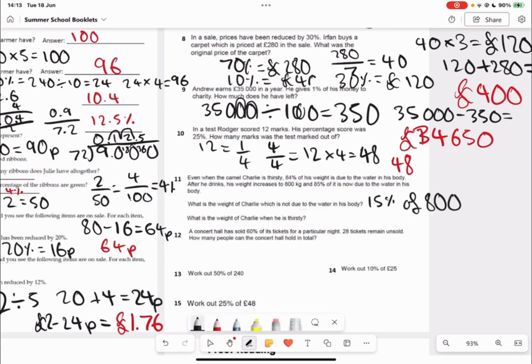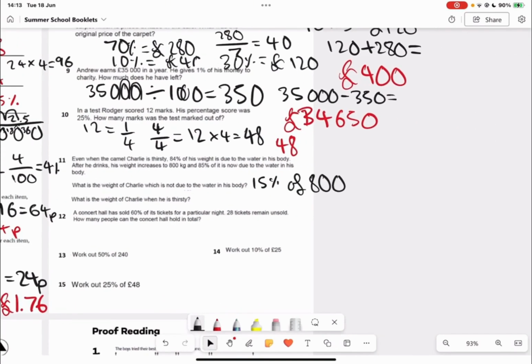Well, first we find 10%. 10% will be 80, and then 5% will be half of that, which is 40.